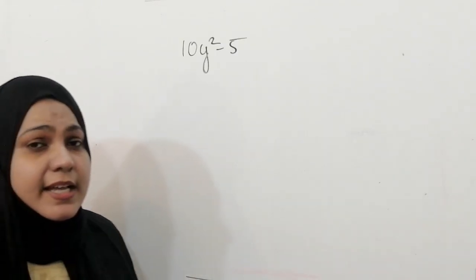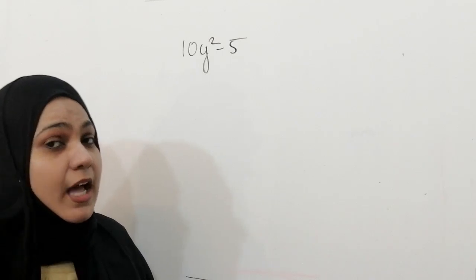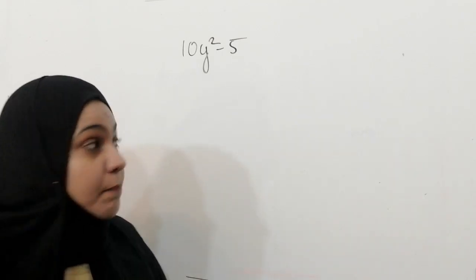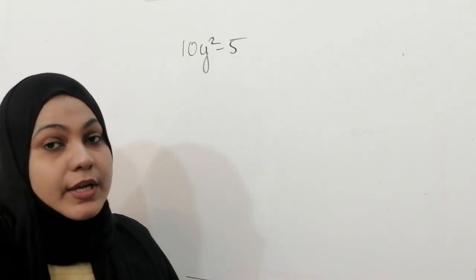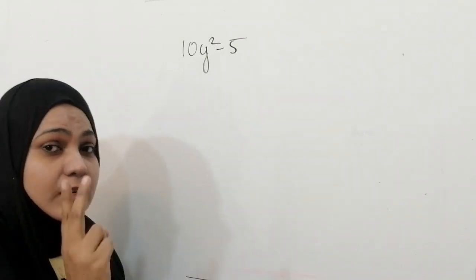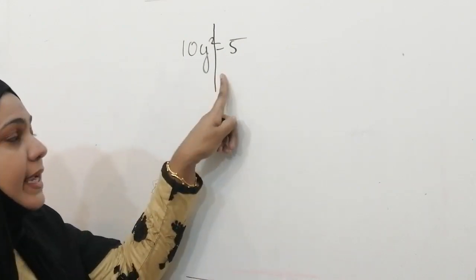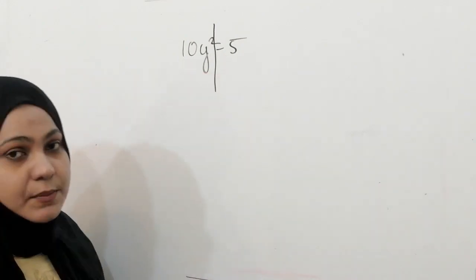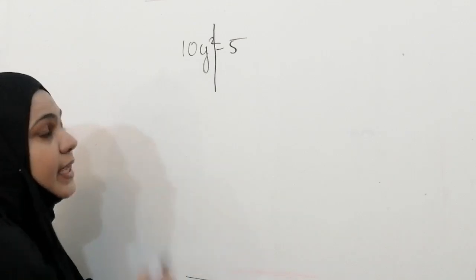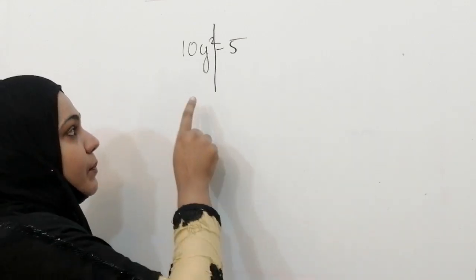This expression is very similar to the compartments of a train. Let's see how. You know that many compartments combine together to form a train. In this expression, there are 2 parts. 10y square is one part and minus 5 is the second part. When we convert this algebraic expression in terms of a train, how many compartments are there?